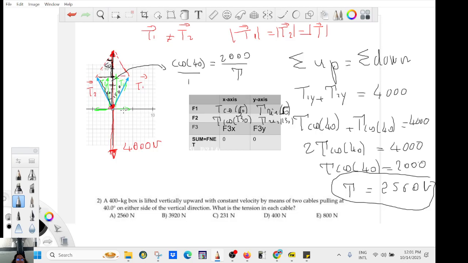F2, that will be 90 plus 40. Well, that will be 130, right? And you will get the same thing. Or you can do T sine 40 here. Sine 40 is the same thing as cosine 50. Any question, let me know.